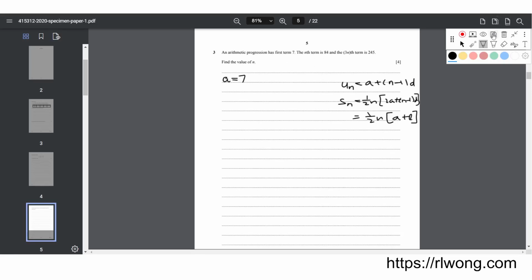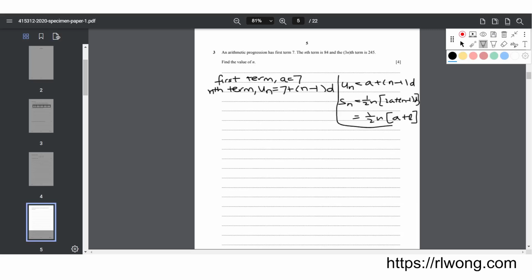Then you are given that the nth term is 84. So let me write: first term a equals 7, nth term un equals 7, because a is 7, plus n minus 1 d.